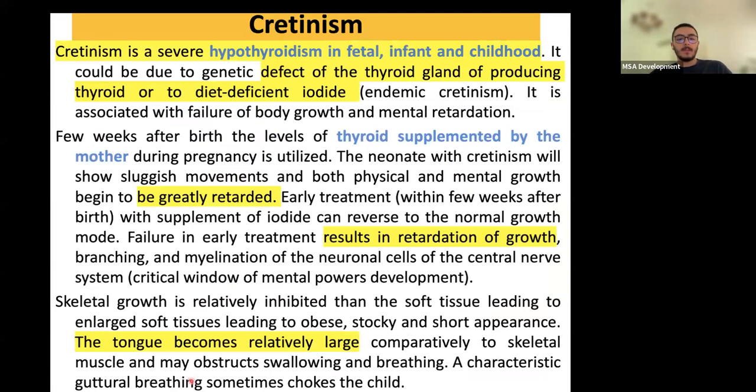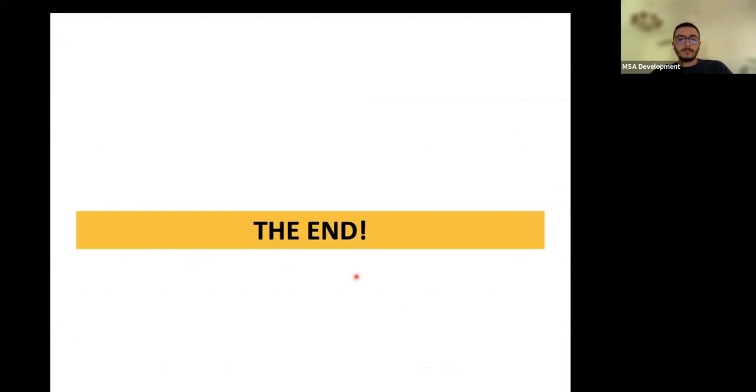Same symptoms, except they also have retardation of growth and mental retardation. Why? Because remember how thyroid hormone has an effect on brain CNS maturation and growth and bone maturation.